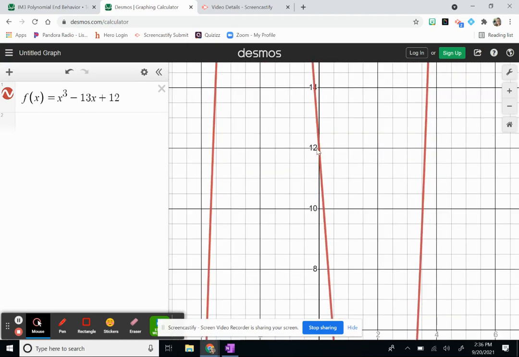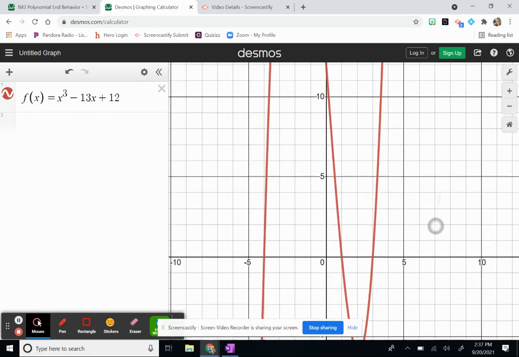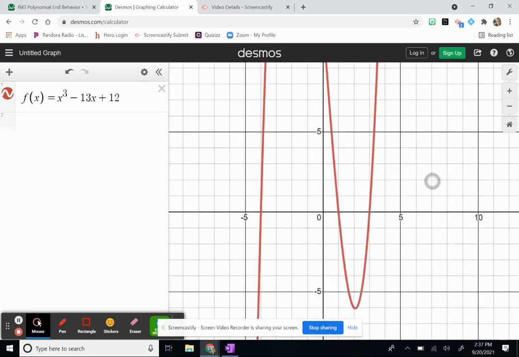It looks like a 12 to me. So, gathering this information, I'm going to take it back to the other screen. It crosses the y-axis at 12 and the x-axis at -4, 1, and 3.